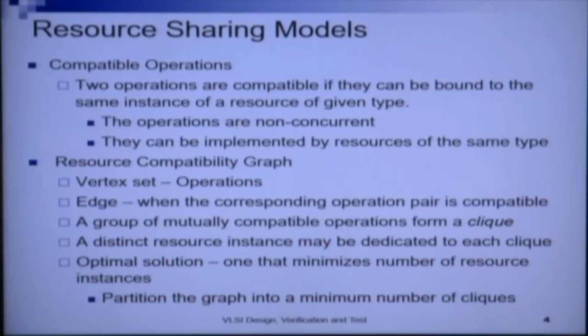So, partition the graph into a minimum number of cliques, and obtaining this minimum number of cliques is to obtain the clique cover number. So, the clique cover number of a graph is this minimum number of cliques into which the graph can be partitioned.